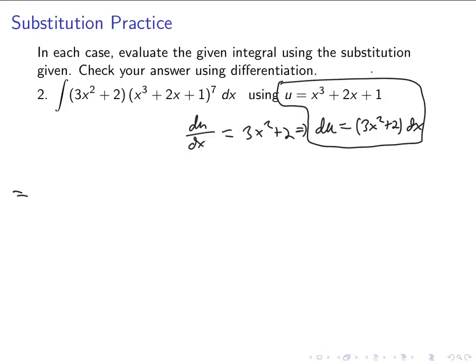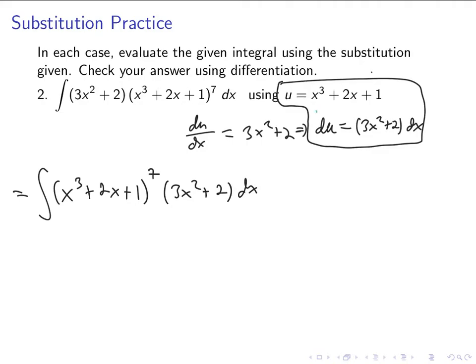What I notice here is that this 3x squared plus 2 and dx together, 3x squared plus 2 dx, is exactly what's over on this side. So the very first thing I should do is just write this in a different order, so that the stuff that I can see in my box going together looks like it goes together, and that'll make me feel like I'm sure I've accounted for everything.